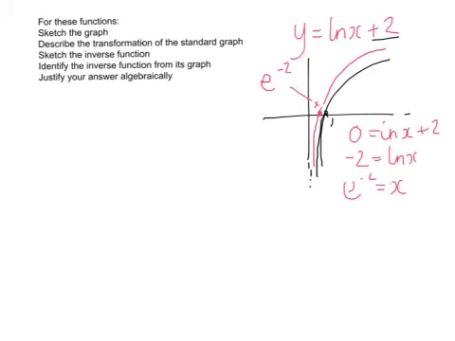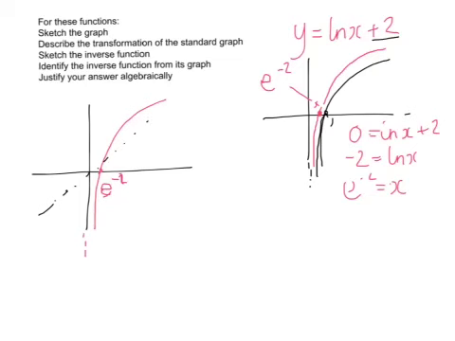Now we want to find out what the inverse function is. Again, we're going to sketch that one on its own. There's our graph, e to the minus 2, asymptote along here, and we want the inverse of that, so it's a reflection again in y equals x.